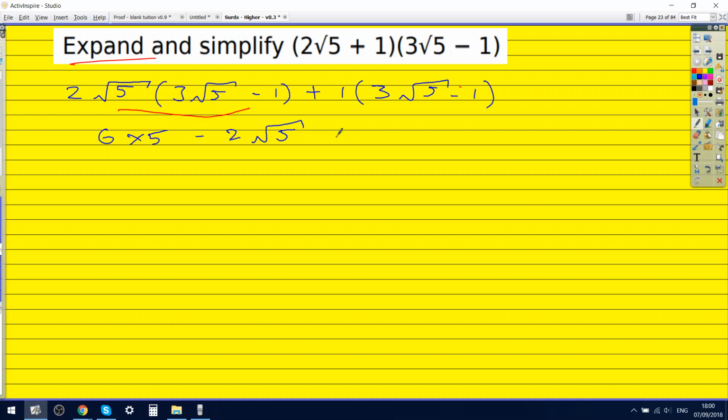And next bracket. Three root 5 minus 1. Well done. So we expanded and now simplify. 30.